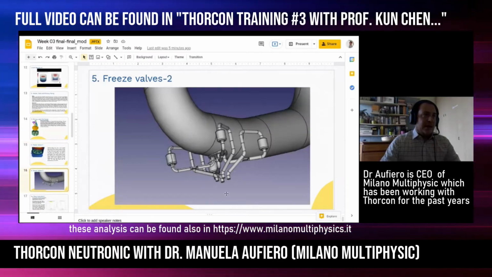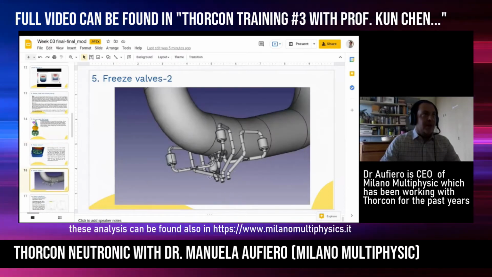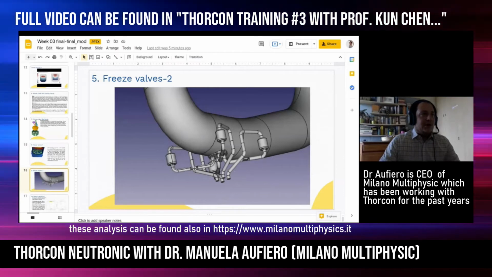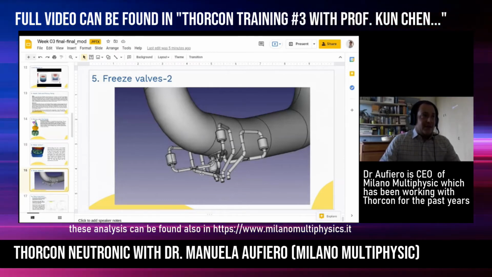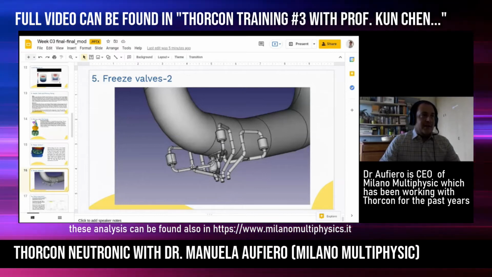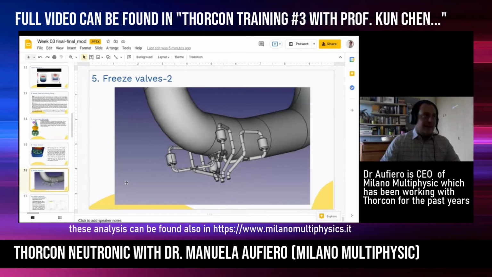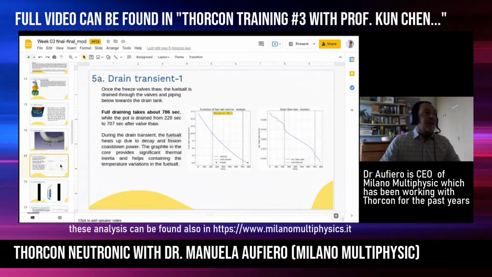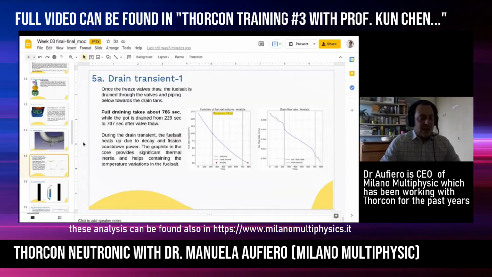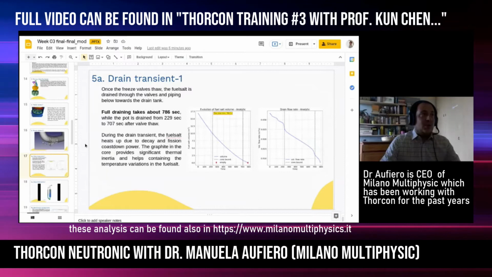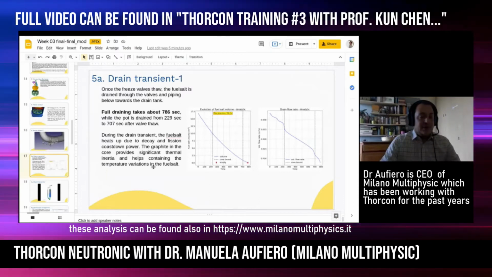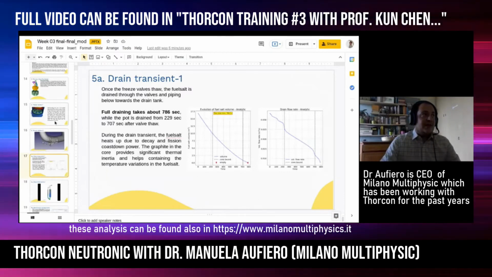This picture, again all this is public material, shows in detail the design of the valves. This is the specific section where the solid plug is present. Once the valve opens, due to the absence of active helium cooling, just by gravity, the salt drains in the drain tank.